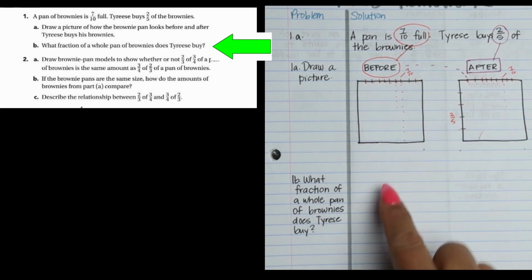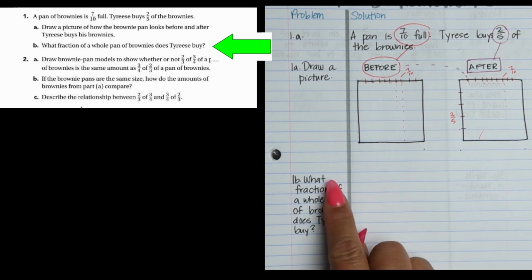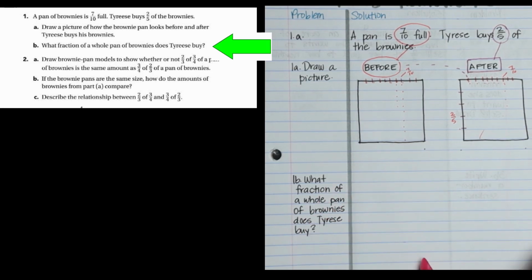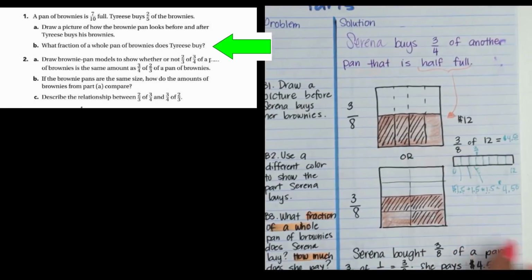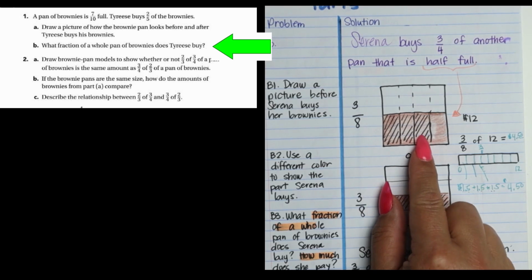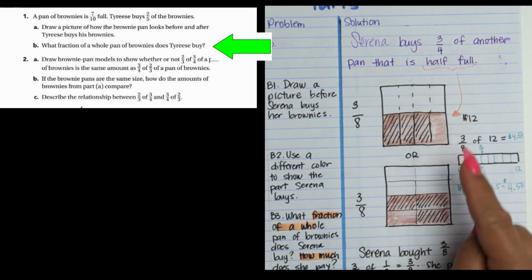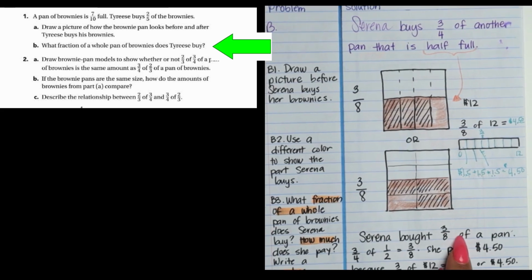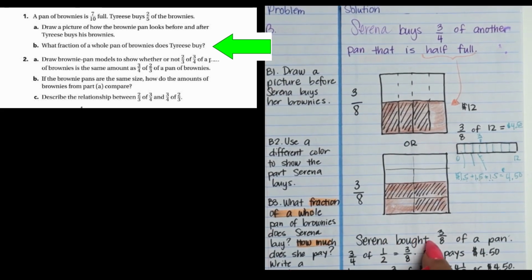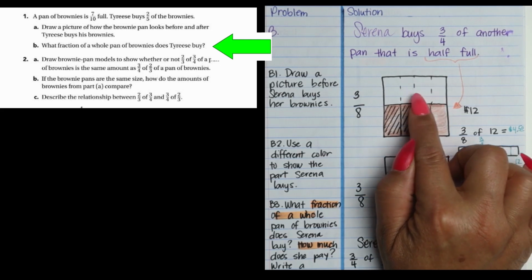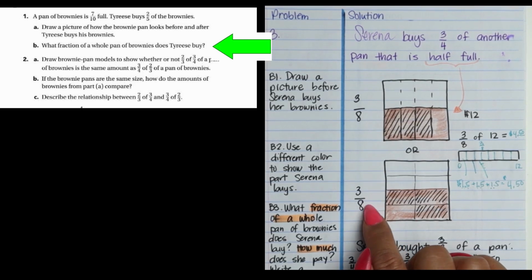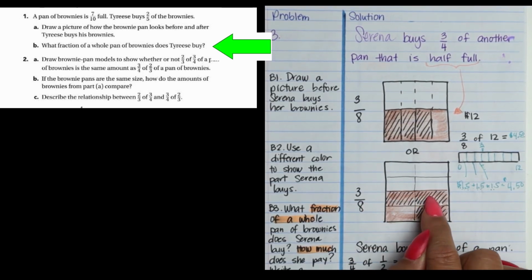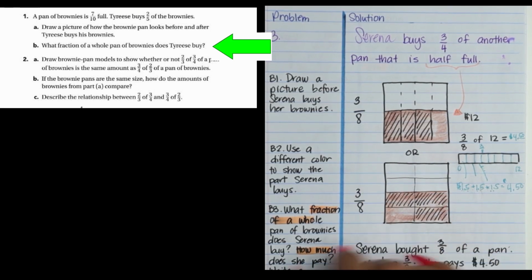After you complete these notes, you need to answer this question. What fraction of the whole pan of brownies does Tyrese buy? Now, if you remember from our other lesson, when we found out what 3/4 of a half is, we had to count the total pieces of the whole pan, which is the denominator, and then whatever pieces were purchased is the numerator.